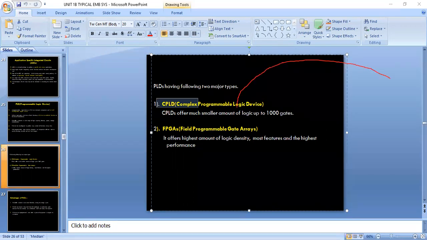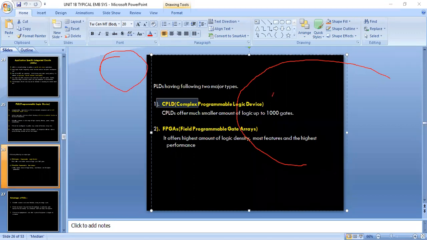It is a structure of PLD. Physically, it looks like this. If we draw the architecture for this, it consists of a lot of PLDs. Each PLD is connected with inputs and outputs. Each PLD will be connected with another PLD, right?